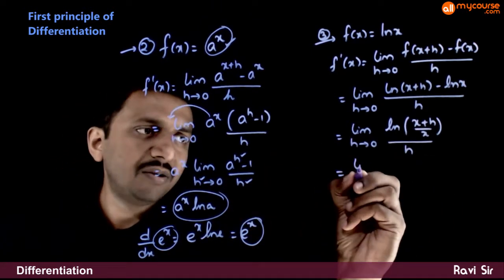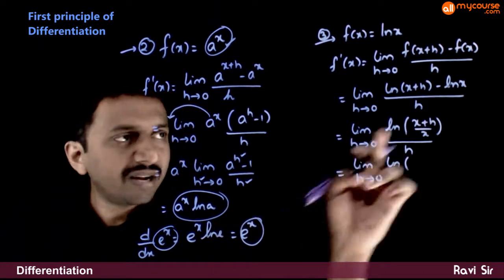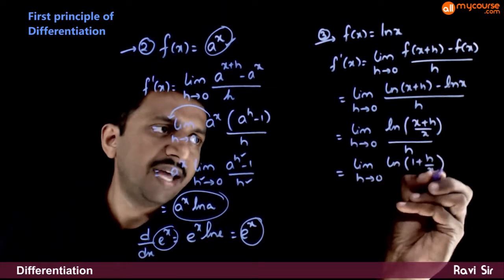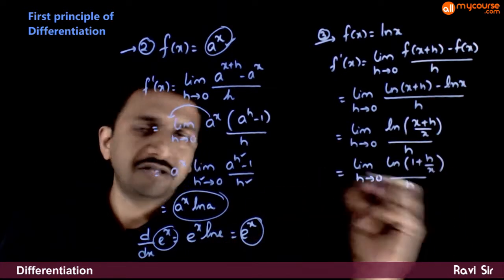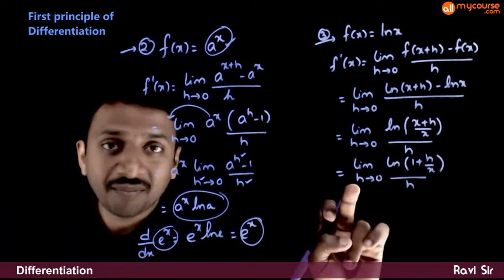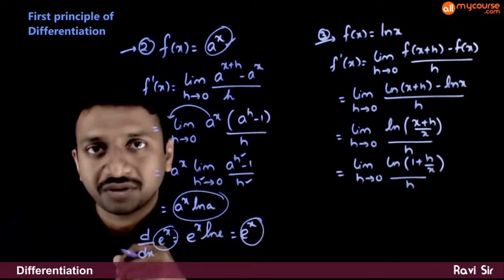So that is equal to the limit as h tends to 0 of ln(1 plus h by x) by h. x is a constant here because the limit variable is h. As h tends to 0, h by x also tends to 0.